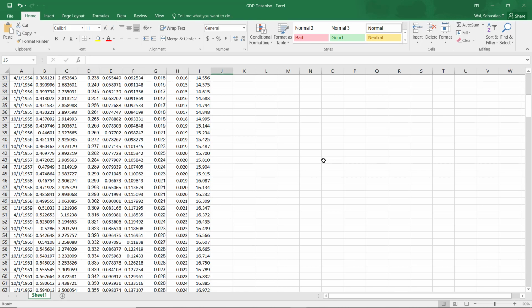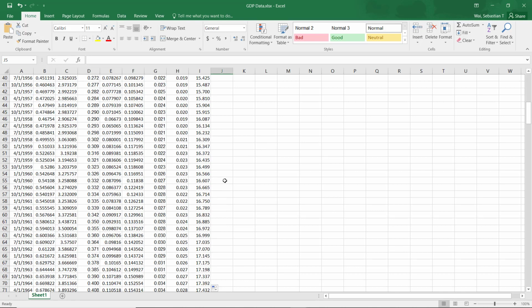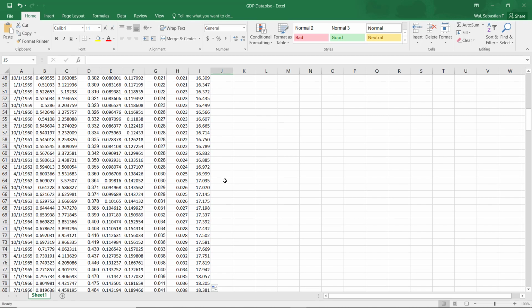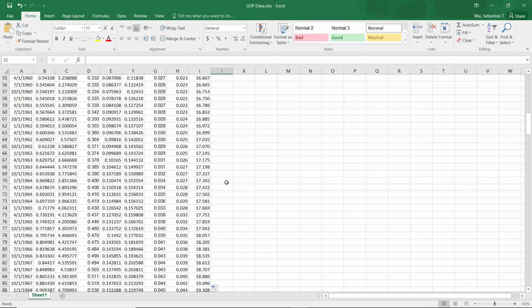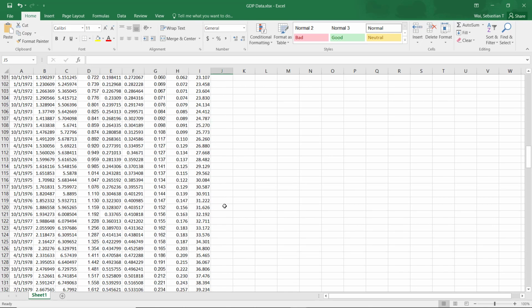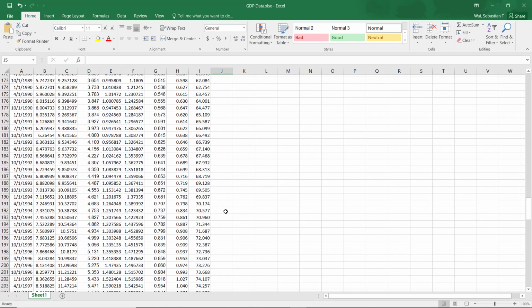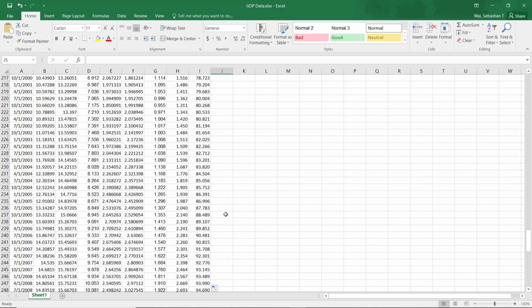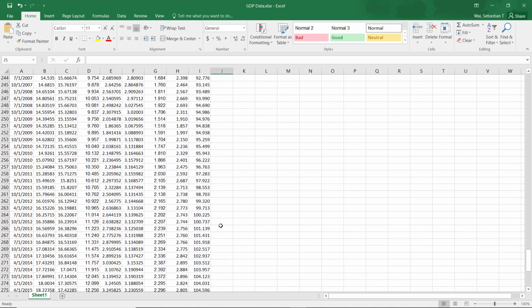As we move down the data, we can see that the price level is generally rising over time. It doesn't rise every single time period, but in general, it rises over time, and so we say we have inflation. If we keep going down the list, we can see these GDP deflator numbers getting closer and closer to 100.